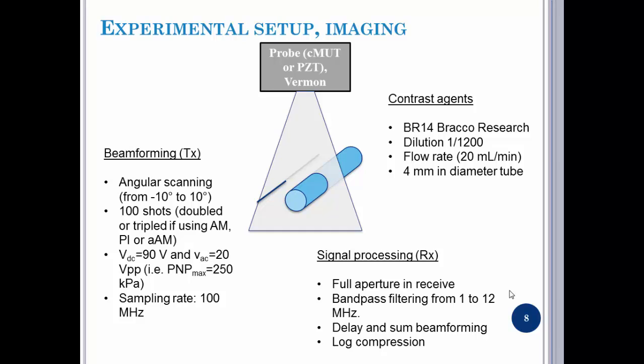We try to have the same peak negative pressure, but it's not exactly the same energy because the peak positive pressure is not the same for PZT and for Cmut.